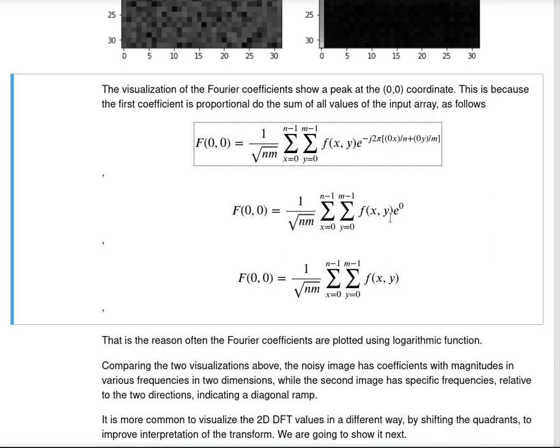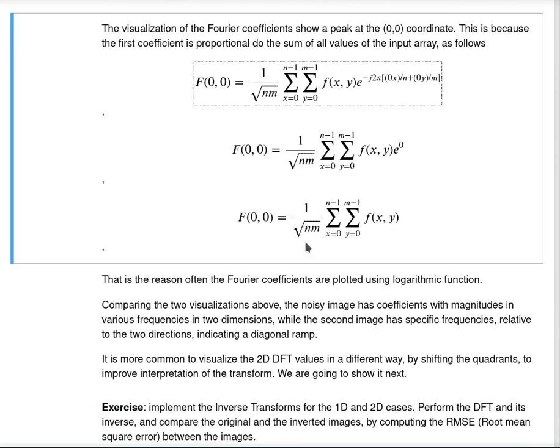Everything goes to 0, and e to the power of 0 is actually 1. So the Fourier transform at 0, 0 is basically a sum of every value of the image divided by the square root of the size of the image.